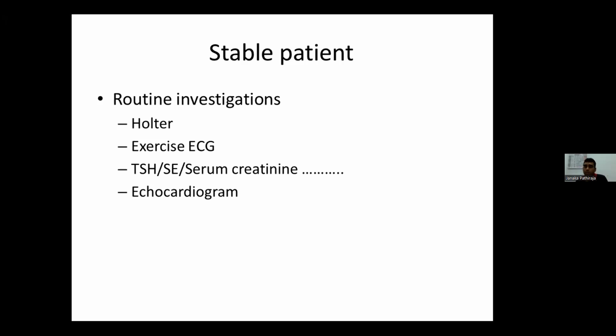At the same time, you can reassure the patient. Whatever their requirements are can be tackled very well when you do the basic investigations. As I said, don't do all the blood investigations like electrolytes, creatinine, full blood count, D-dimers, troponin. Just basic things. Maybe one Holter might be enough, right?